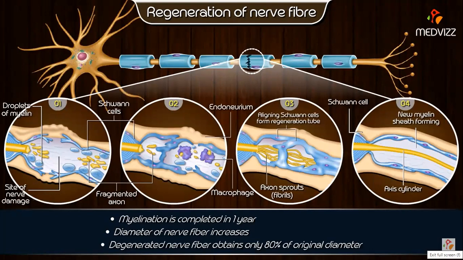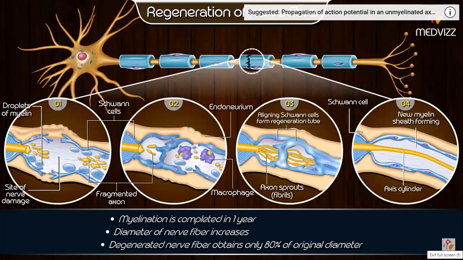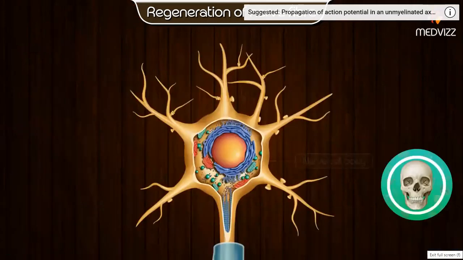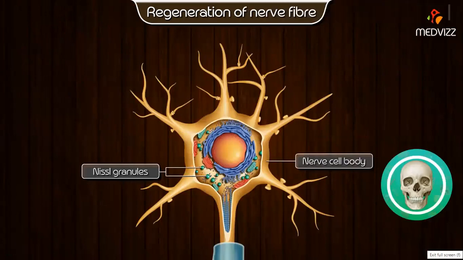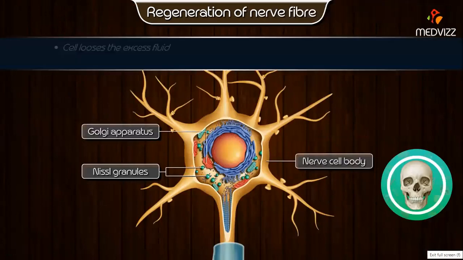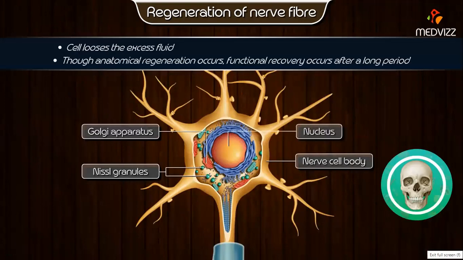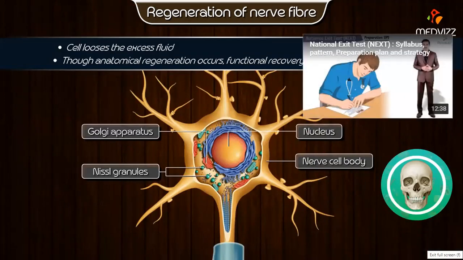Newly formed internodes are also shorter than the original ones. In the nerve cell body, first, the Nissl granules appear, followed by Golgi apparatus. Cell loses the excess fluid. The nucleus occupies the central portion. Though anatomical regeneration occurs in the nerve, functional recovery occurs after a long period.